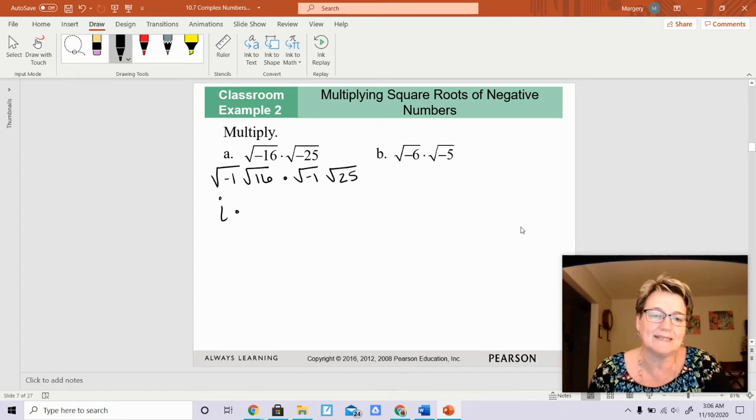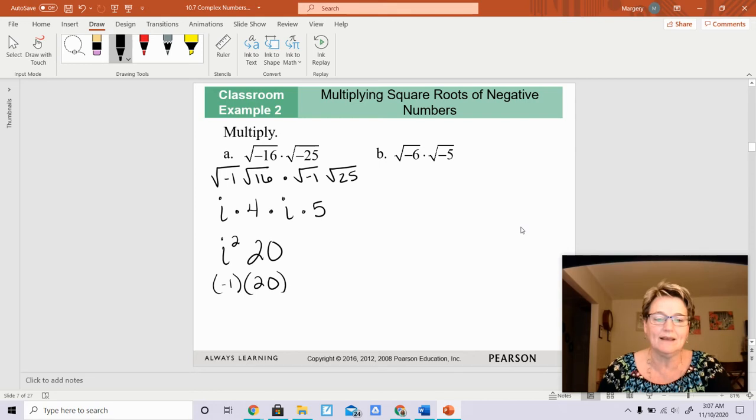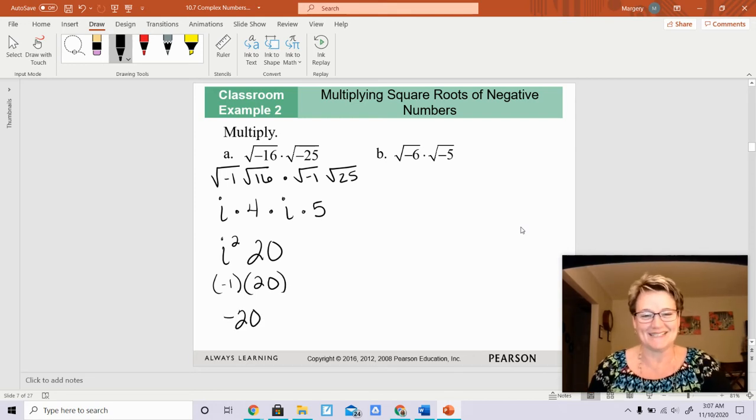The square root of 16 is 4. The square root of -1 is i. The square root of 25 is 5. Now, i times i is i squared. 4 times 5 is 20. So you end up with i squared, which is really -1. -1 times 20 is -20. There you go. That's that one.